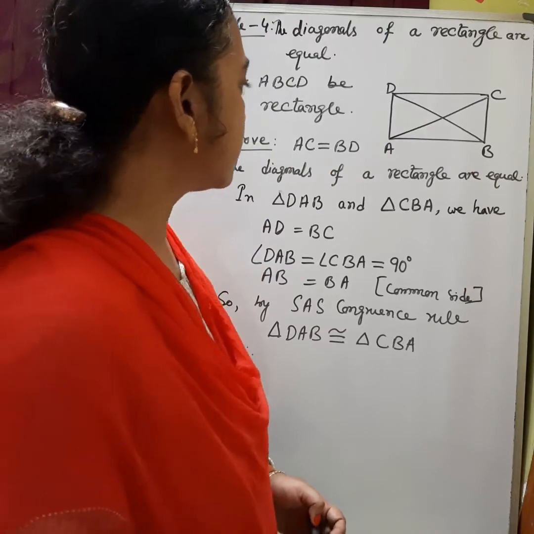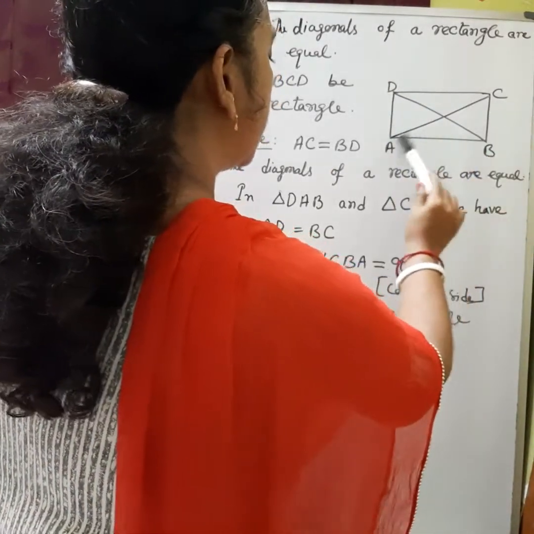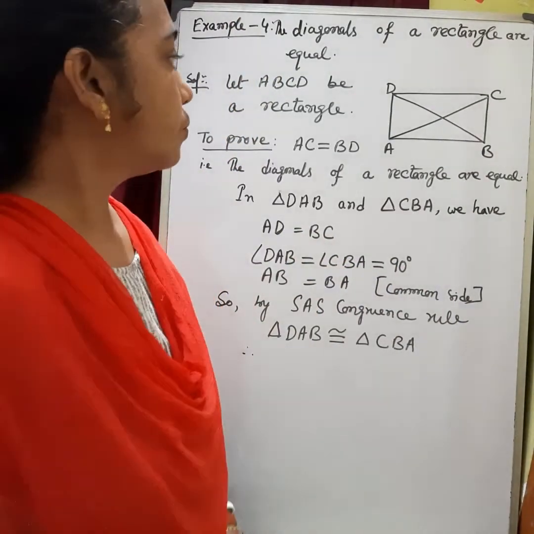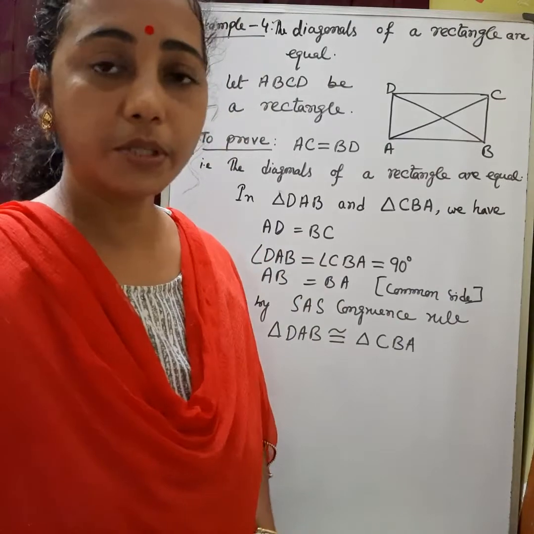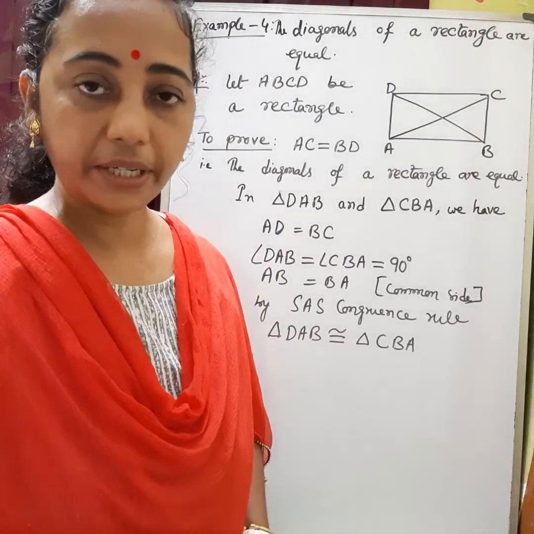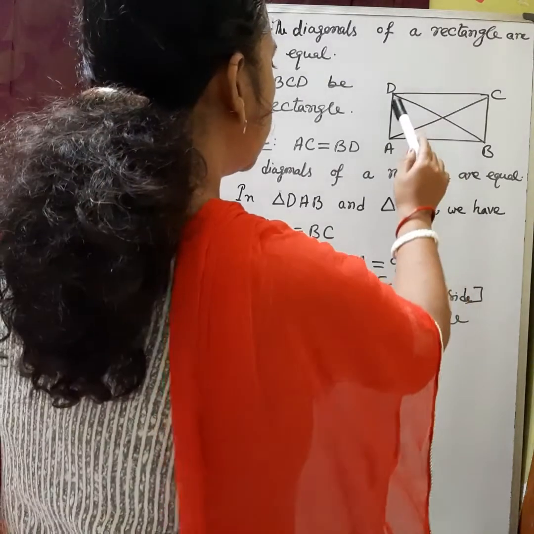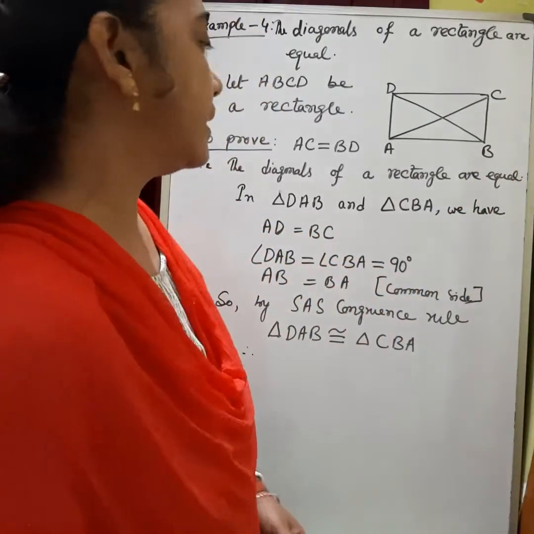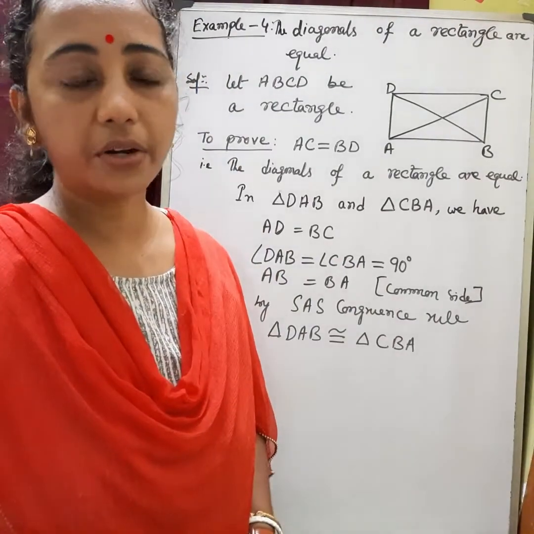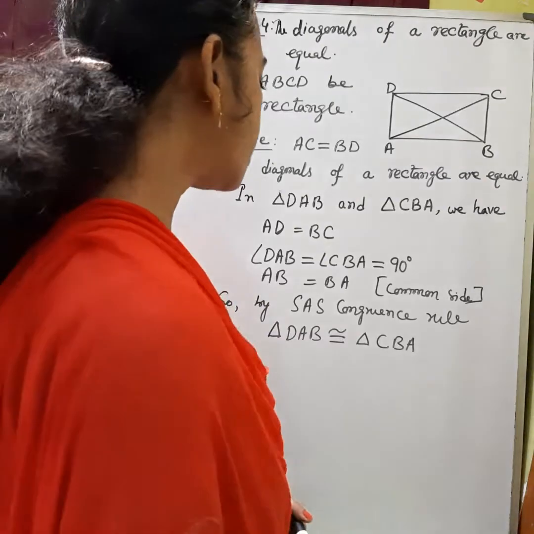Now if we consider the two triangles, DAB and CBA, in these two triangles we have AD equal to BC, because these two are opposite sides. We know that in a rectangle opposite sides are equal. Also angle DAB is equal to angle CBA, each of the angles is 90 degrees. We know in a rectangle all angles are 90 degrees.